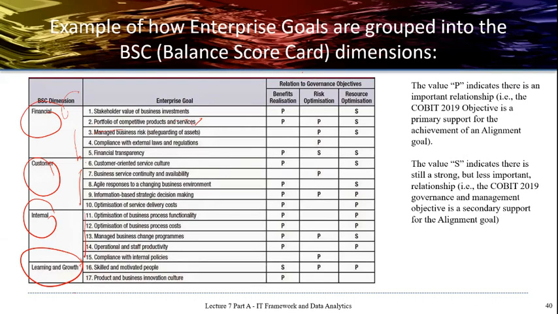And here they talk about realization of governance objectives, benefit realization, risk optimization, resource optimization. We put the value, stakeholder value of business investment, benefit realization, P. P indicates there is an important relationship, and S indicates there is still a strong but less important one.